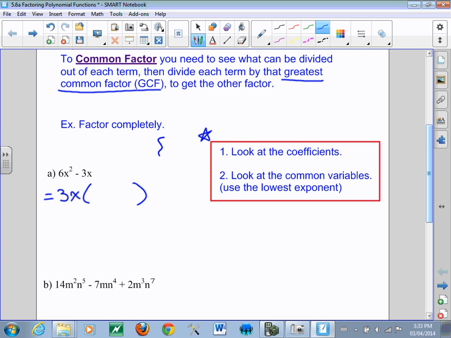If you need to do this work in a margin, by all means do it. 3 goes into 3 once, it goes into 6 twice. Using exponent laws, 2 subtract 1, you're just left with 2x. Do the second term, negative 3x divided by 3x. The 3's cancel out, the x's cancel out, so we're left with negative 1.